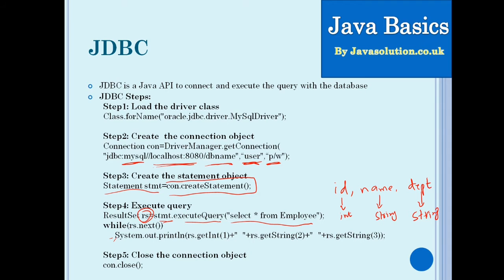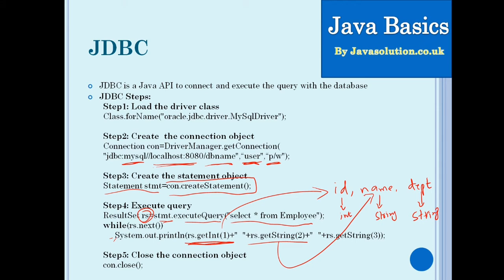So what we're saying here, from the result set, from the first row, get the first column which is integer, which is ID. So this is associated with this. Then we're saying getString 2. The 2 means the thing which is coming on the second column, that is a type of string. So this will be associated with this one.